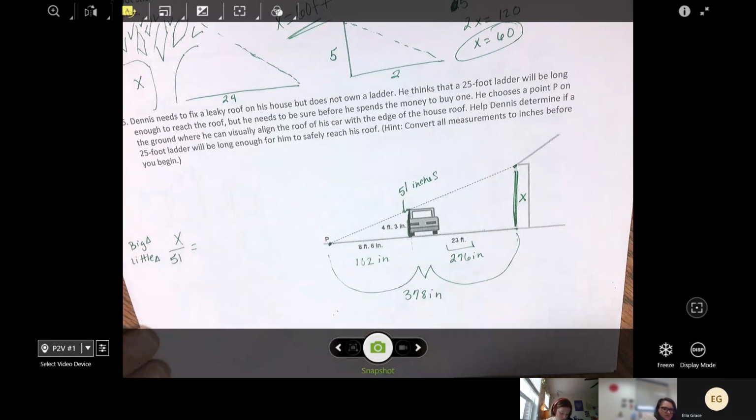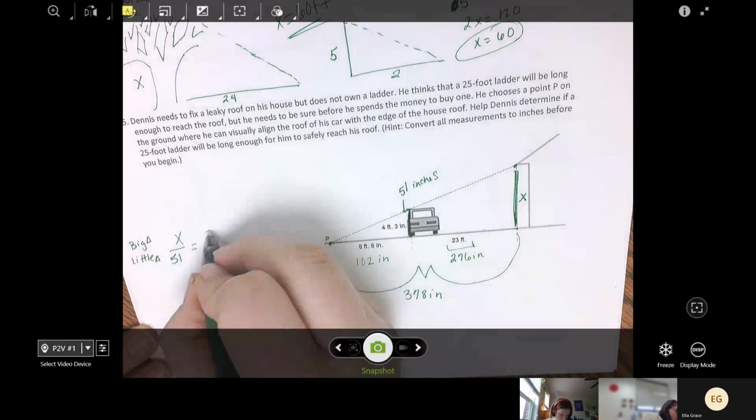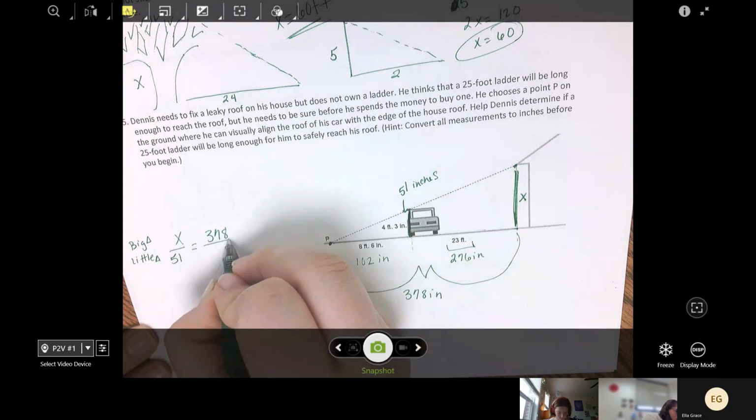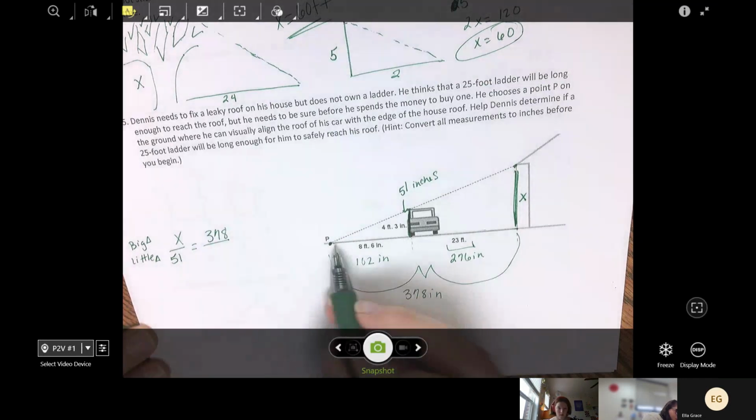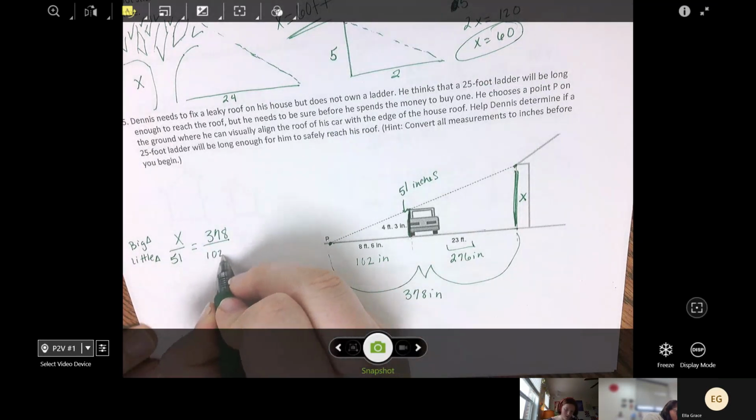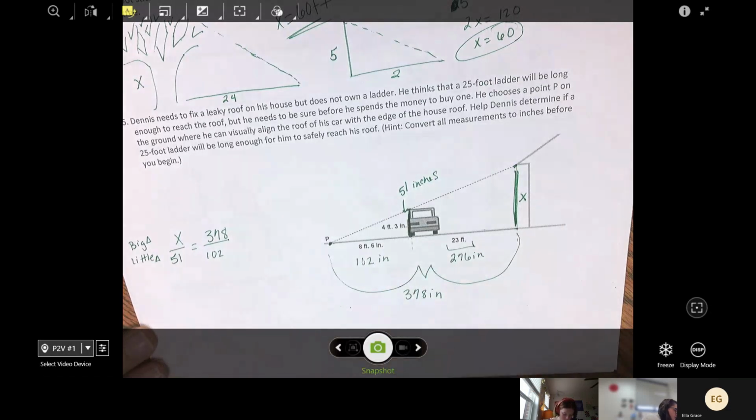So I'm putting big triangle over little triangle. Sorry, that's a little sloppy. But for the big triangle, the base is 378 inches. For the little triangle, the base is 102 inches. Now, it's just like every other problem.